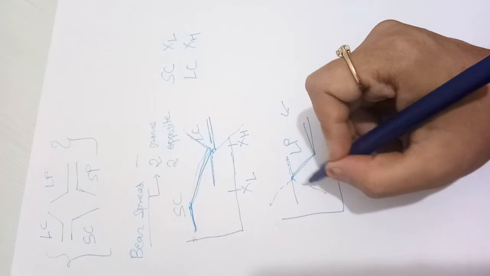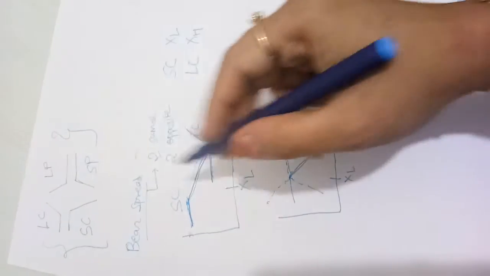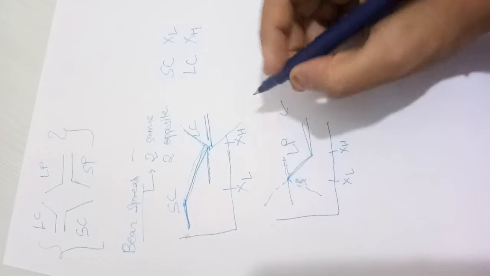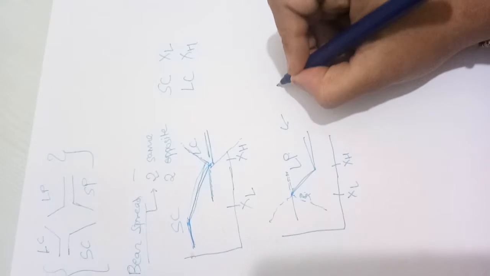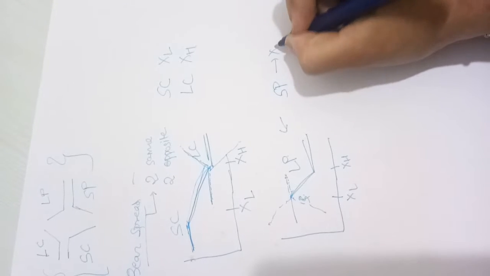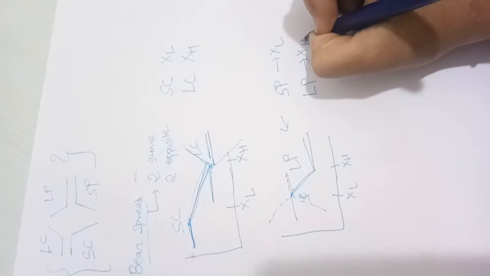The next strategy that I need is slanting and straight, which is nothing but like a short put. So the other way to create a bear spread is a short put at a lesser exercise price and a long put at a higher exercise price.